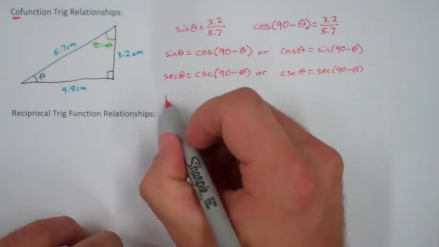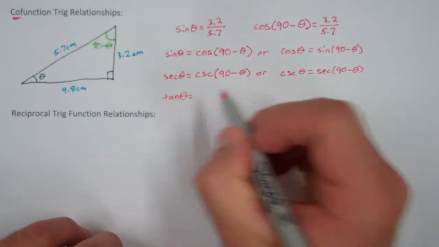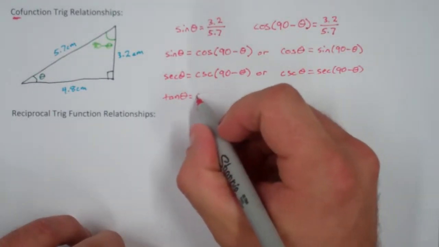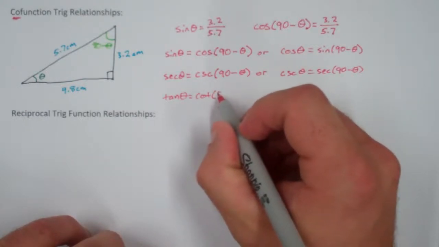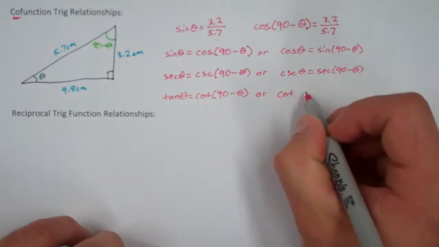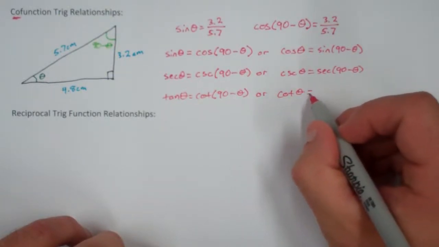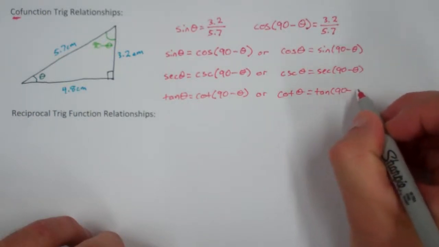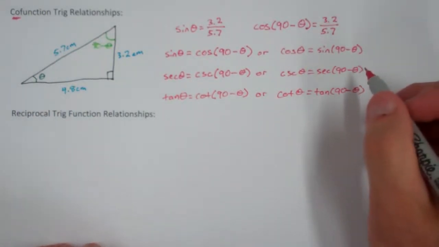Tangent and cotangent work also. Those are cofunctions. You could also try this with the actual ratios and it's going to work out for you. And let's see, we've got cotangent of 90 minus theta, or sometimes it might be easier for you to use this one, the tangent of 90 minus theta.